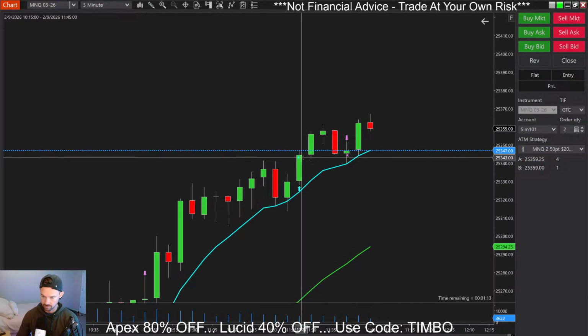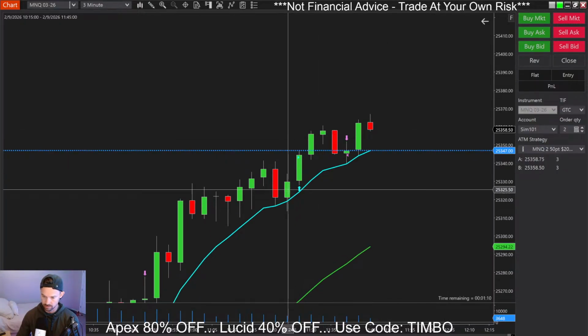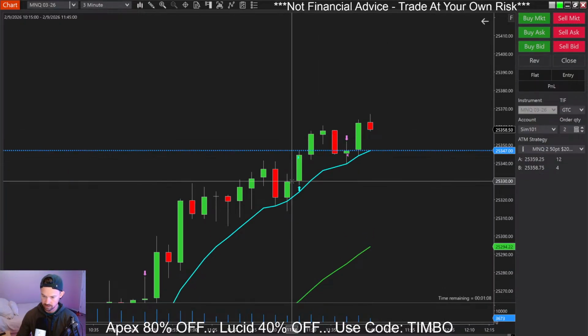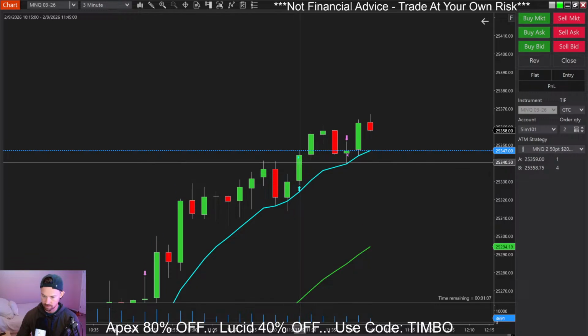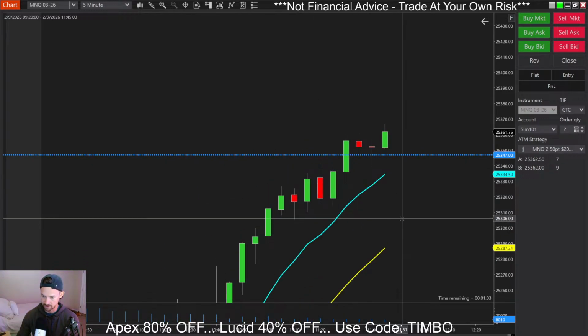Can see like I got in long here, kind of a little bit of a later entry than what I prefer, but I was actually looking at the 5-minute when I got in there.